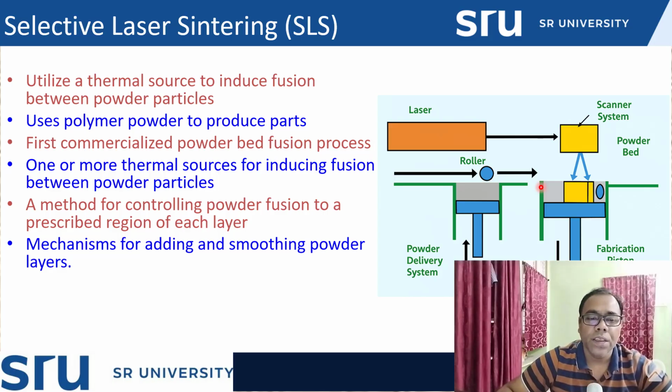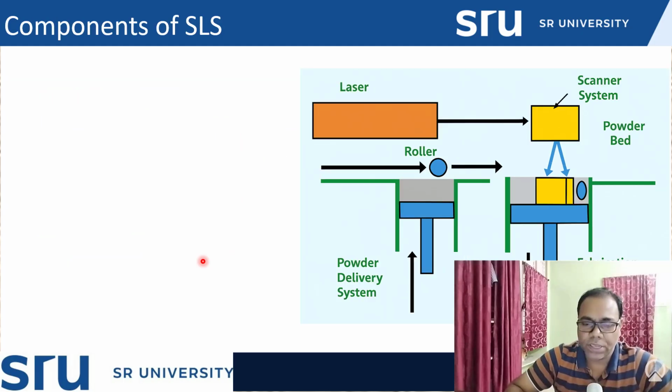It is one of the more thermal resources, and inducing fusion between the powder particles is required. It is the method for controlling powder fusion to a prescribed region for each layer. The mechanism of adding a smooth layer of powder is required in this process.